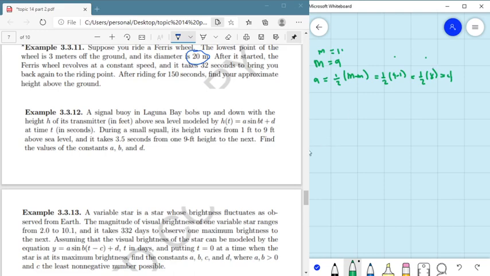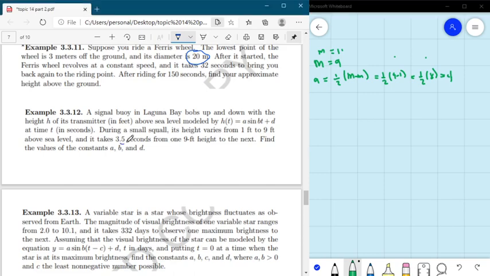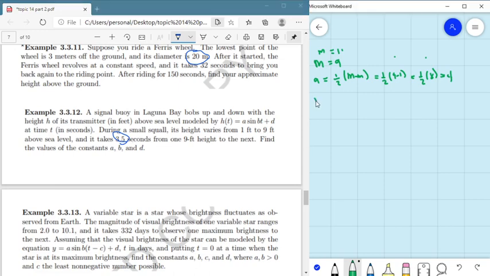Then from the statement, it takes 3.5 seconds from 9 feet height to the next. The period is 3.5.